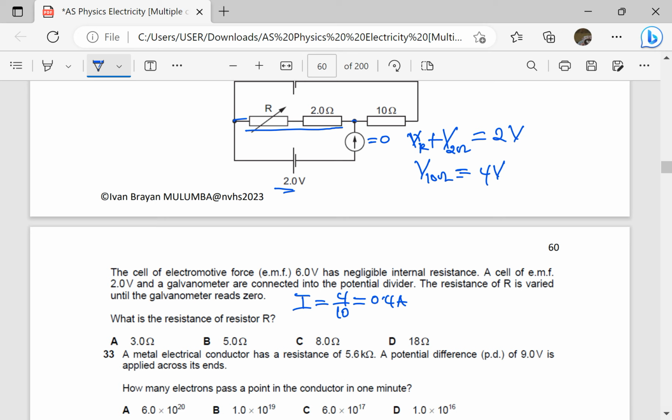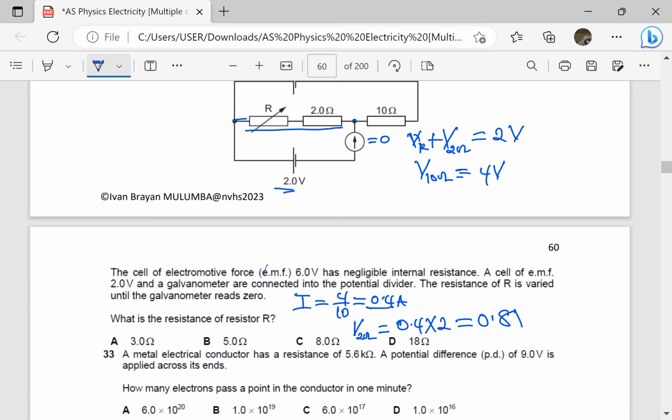Since the PD across 2 and R is 2 volts, we can find the PD across 2 ohms. The PD across the 2 ohms is going to be the current, which is 0.4, times the 2. So it is 0.4 times the 2, which gives us 0.8 volts.